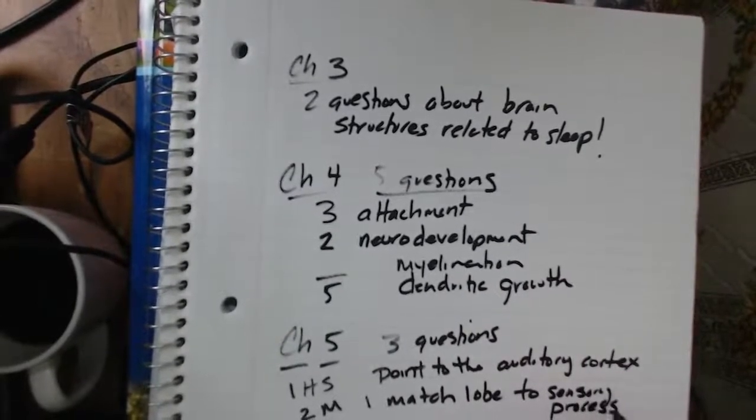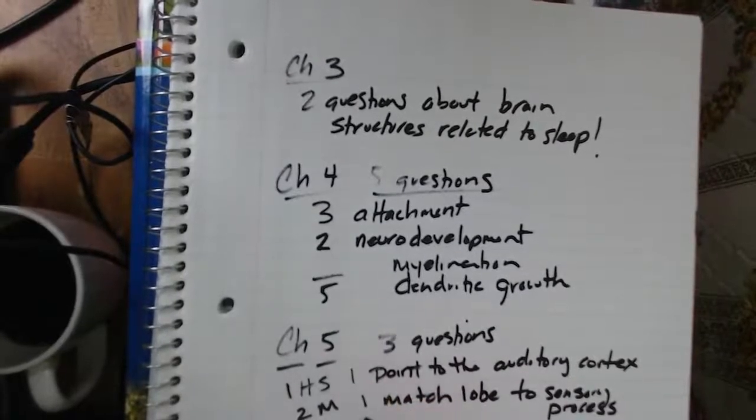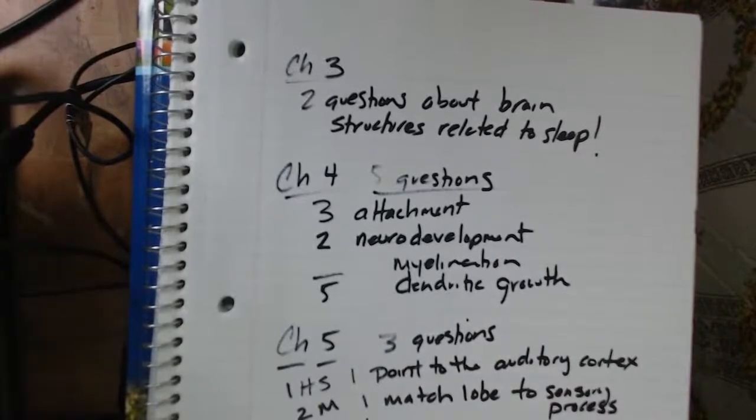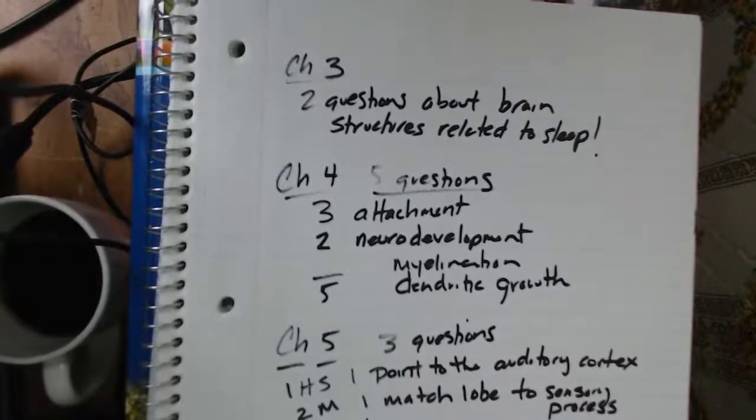So which lobe of your sensory cortex is responsible for processing vision? Which part of your brain is responsible for processing visual information? Which of the lobes? The frontal, the temporal, the occipital, or the parietal lobe?